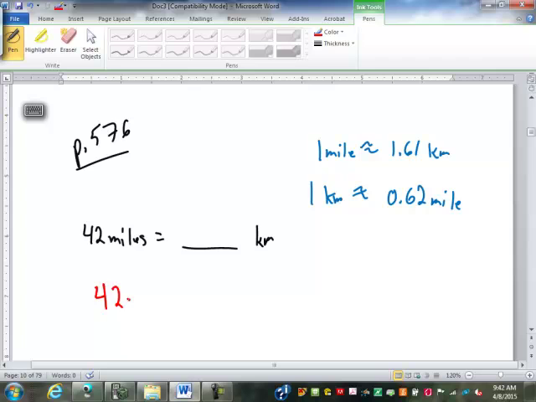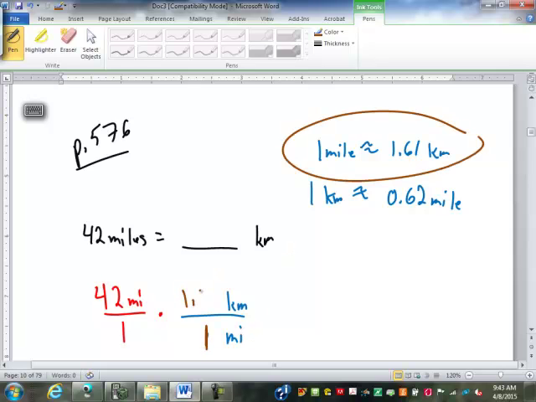So the 42 miles, we're going to put it over 1 to make it a fraction. Miles are going to go on bottom, kilometers on top. The book is going to choose the conversion factor that has the 1 on bottom, so the 1 with the miles. So we're going to use 1 mile as 1.61 kilometers. The miles will still cross cancel out, but you don't have to divide by anything.